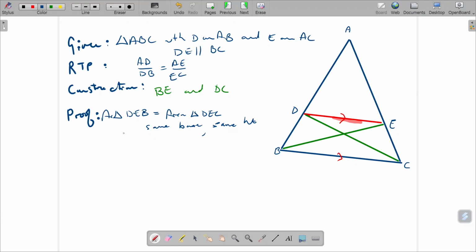I can also show that by constructing the heights in here from vertex E, let's get that to be roughly perpendicular to the other line. There we go. Let's take that as being perpendicular.